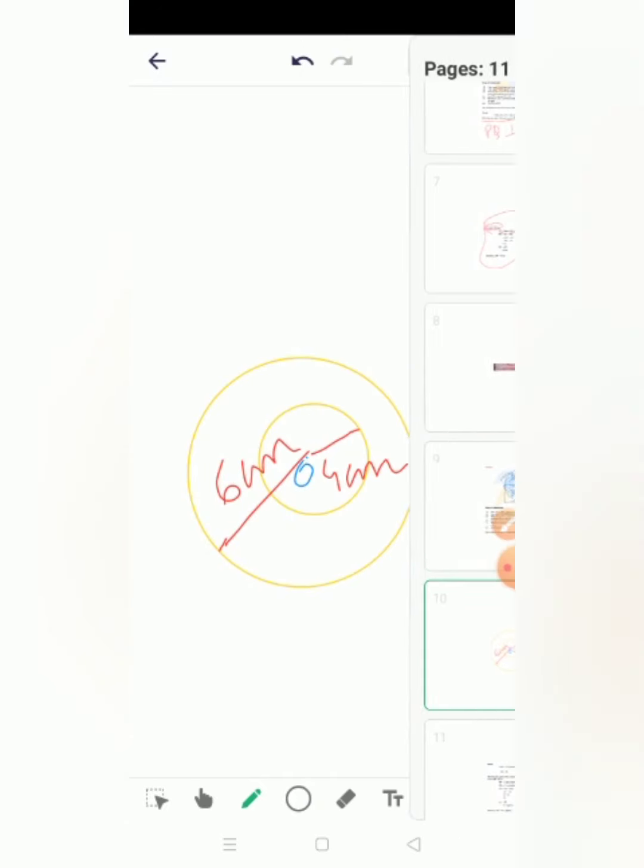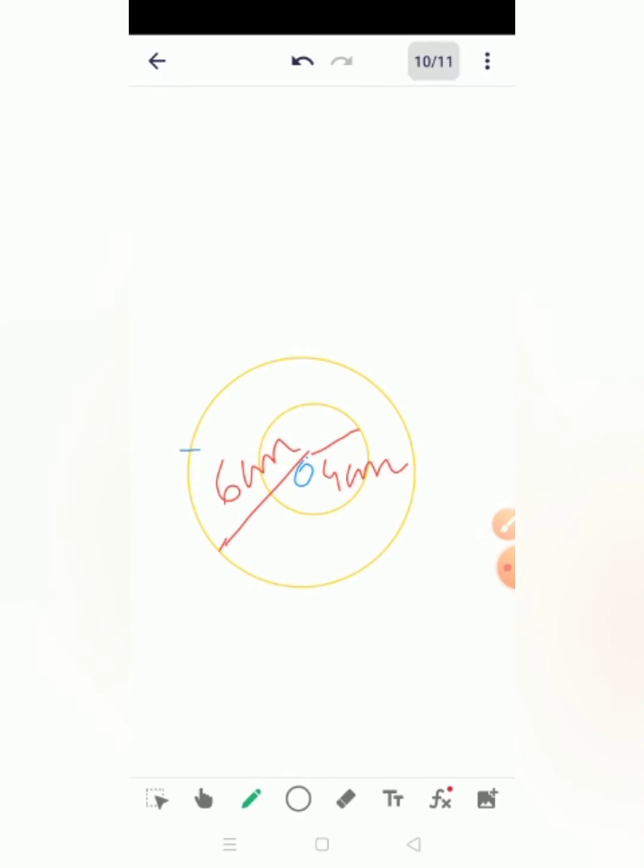You just take a point somewhere here on this bigger circle, P, and join OP. You'll get a straight line.